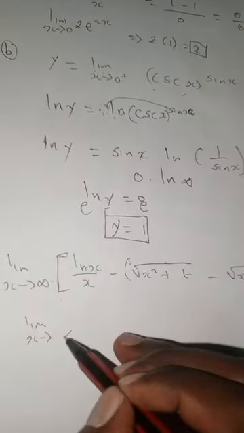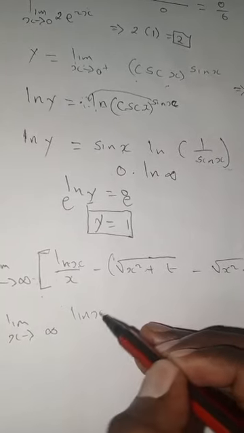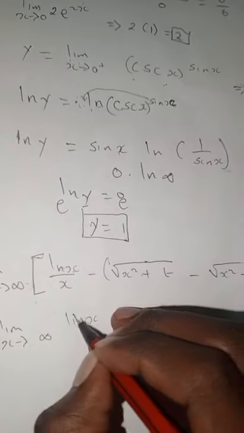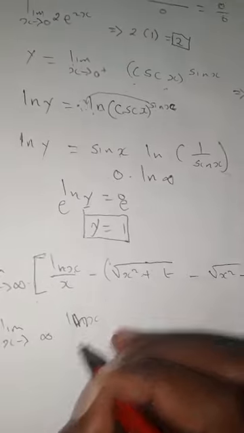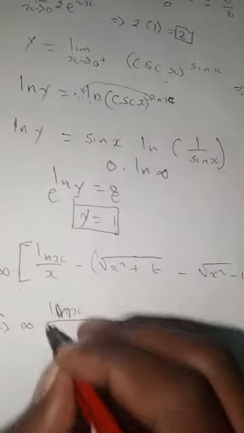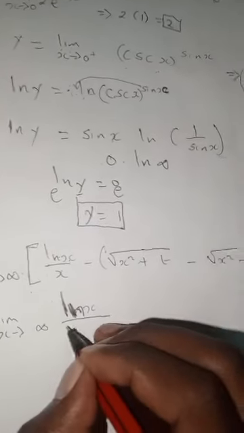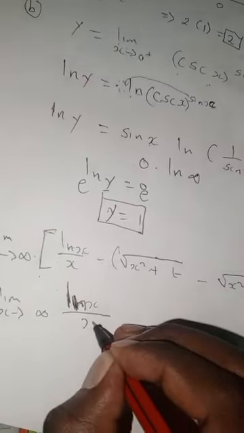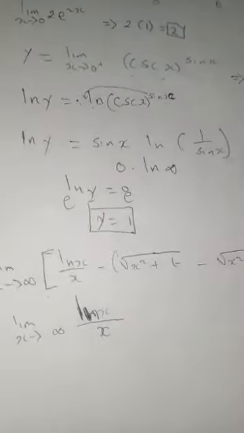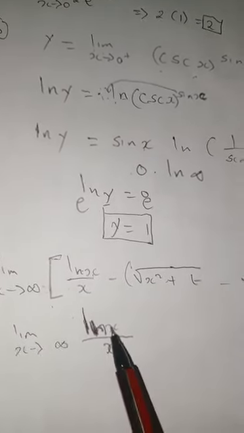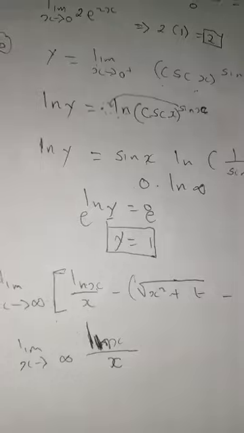So now if we put infinite here, we have natural log of x, then x at the bottom. If you plug in infinite there, you have infinite over infinite. Which means you're supposed to use what?